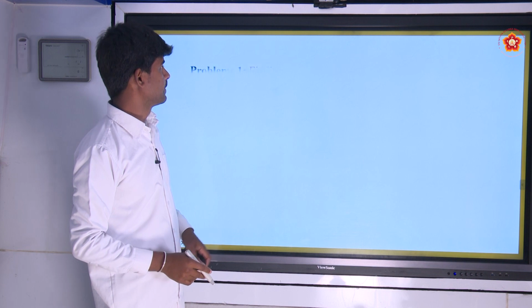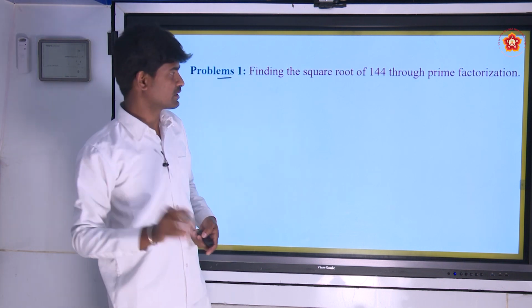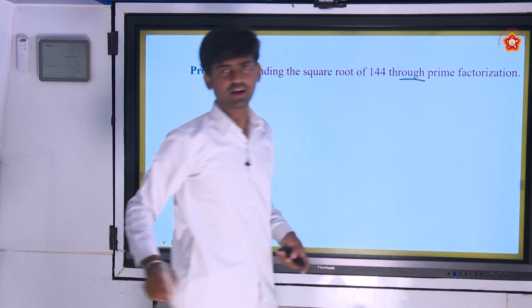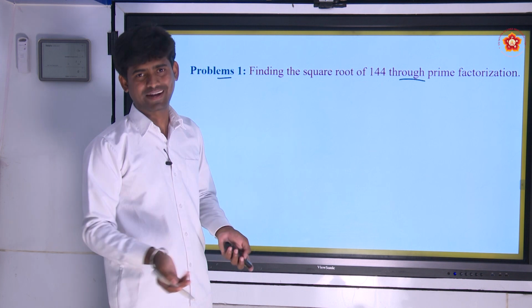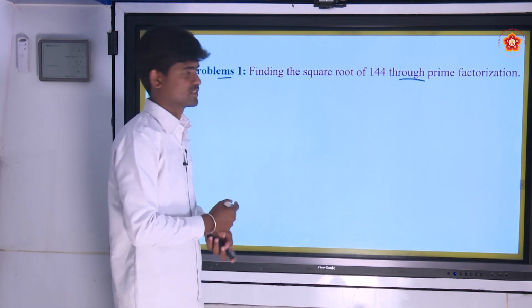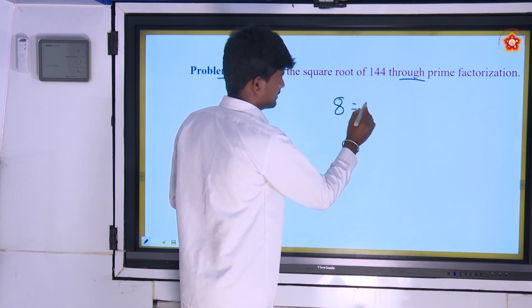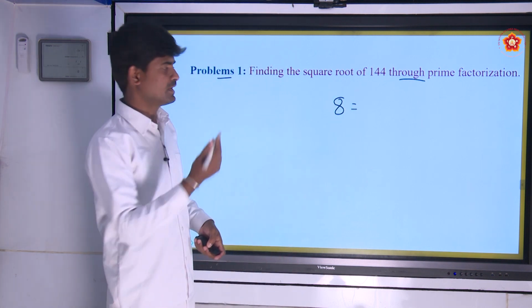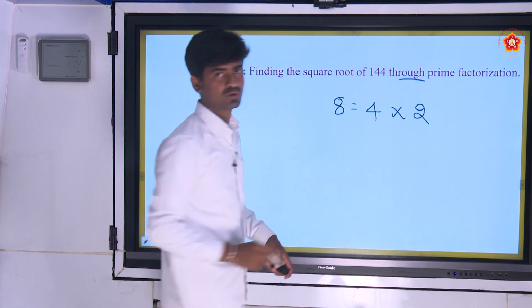It is a problem of finding the square root of 144 through prime factorization. Before going to that, we need to know what factors are and what prime factorization is. For example, take 8. It can be expressed in factors: 4 into 2.